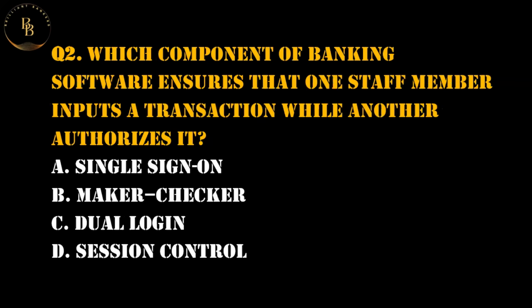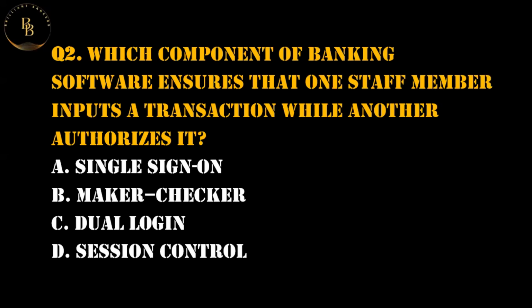Coming to question number 2, which component of the banking software ensures that one staff member inputs a transaction while another authorizes it? Is it single sign-on? Is it maker checker? Is it a dual login or a session control? These are all questions on the day-to-day basis work of a bank.